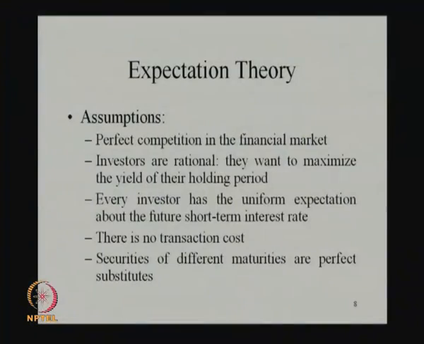This is again faulty because the objective of the investor will be different whenever they choose different types of securities on the basis of their term to maturity. But this expectation theory has ignored that objective of the investor. It has totally considered that all the bonds with different terms to maturity are perfect substitutes for each other.